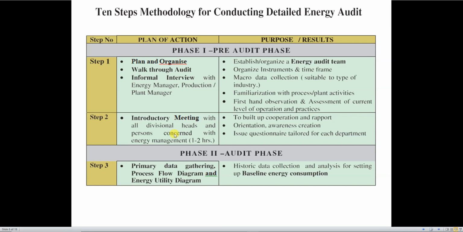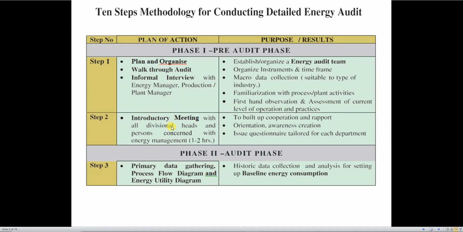All the heads concerned with the energy consumption are responsible for energy management. So we have to make a meeting. Suppose you are an auditor right now and you have to make that particular meeting with the divisional heads concerned with energy management.